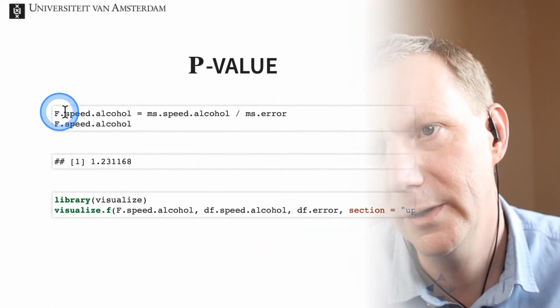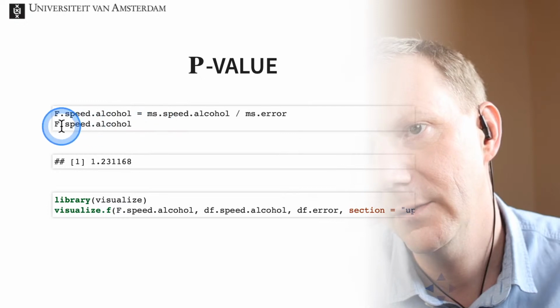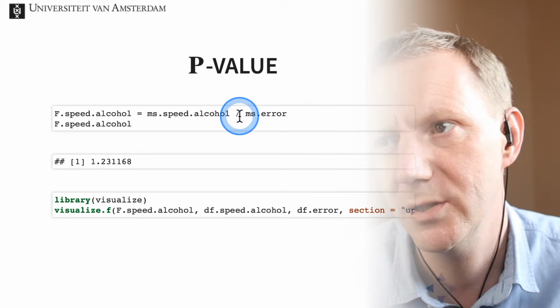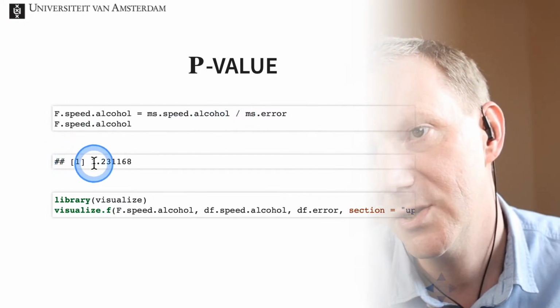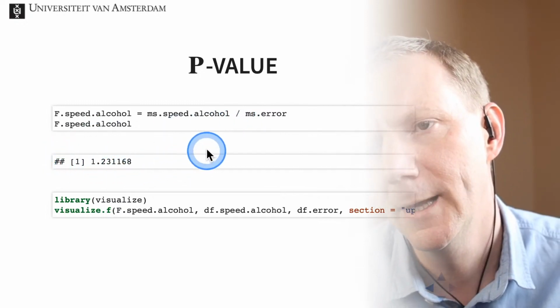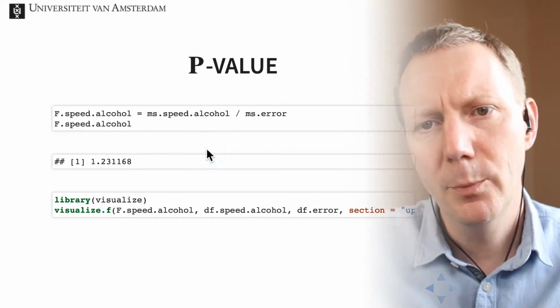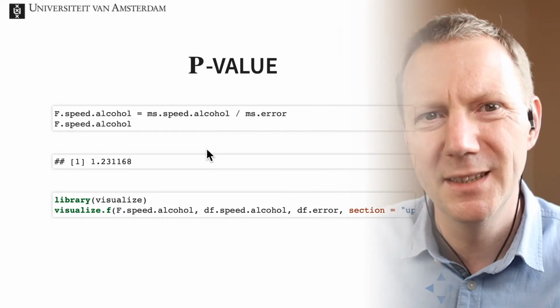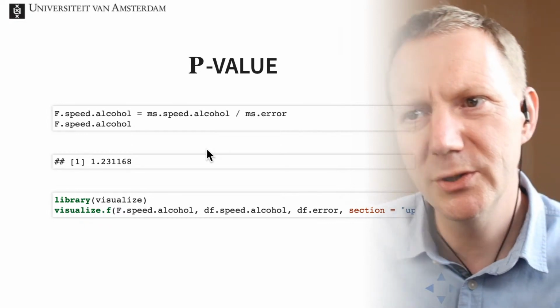So my F value here is dividing the mean squares for the speed and alcohol interaction by the mean squares for the error, which is 1.2. So this 1.2 is the F value, so the signal to noise ratio.